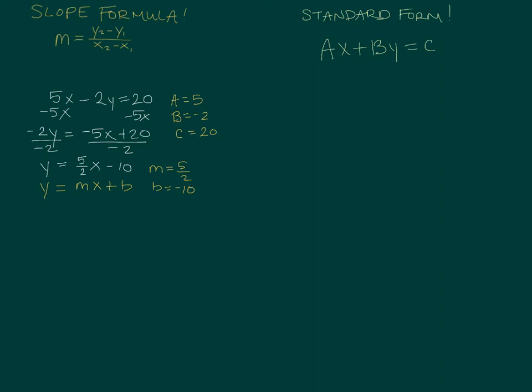I'm going to look and see if when I have an equation in standard form, if I take a, divide it by b, and make it negative, is that always going to equal the slope?